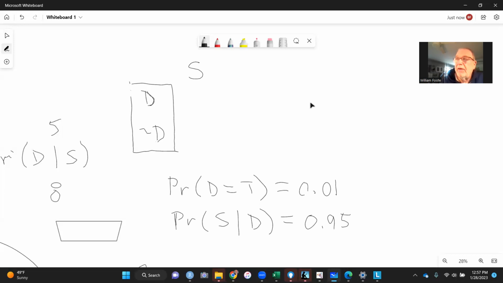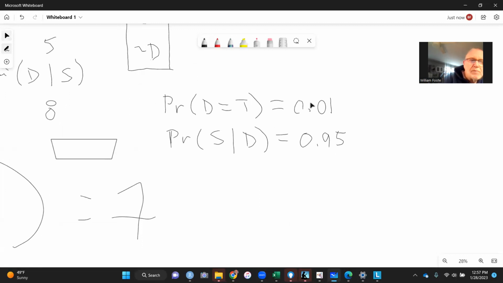The probability then, see if I can do this without messing up my nice screen here. Okay, the probability then of S, of seeing that state of the world, if D is false or not D, is 1 minus 0.95, which is 5%.